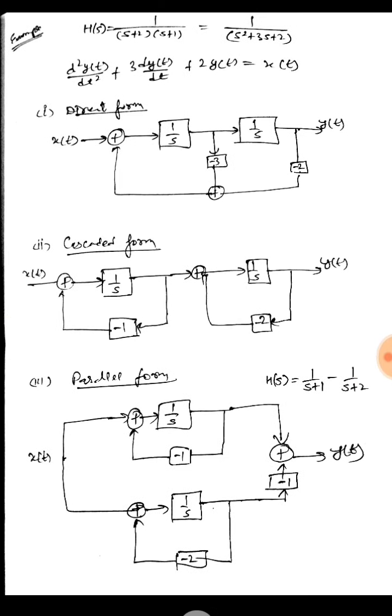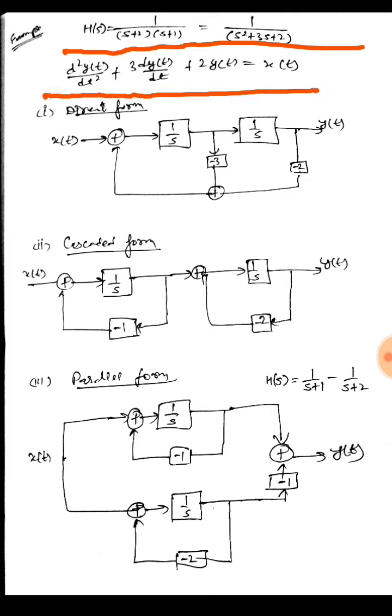So let's see this example in which we have a second order system in which the transfer function is given as 1 upon s square plus 3s plus 2. If I represent it in the differential form, it equals Y(s) upon X(s).